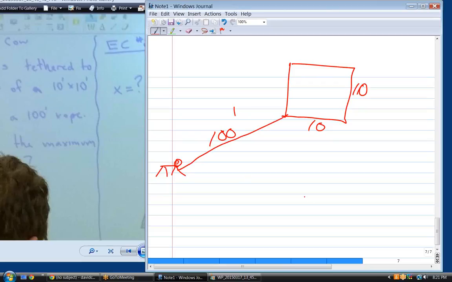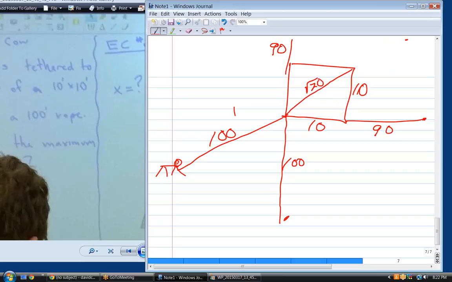So at its lowest point, that's 100. At this point over here, that's 90. At this point over here, that's, whoops, excuse me. It can go up 90 there. And this side here is square root of 20.